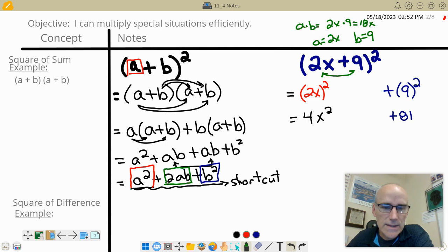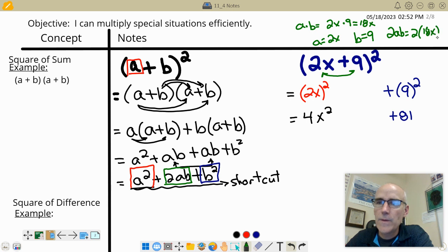But it says I got to double that. That 2 right there means I've got to take 2 times that 18x. So now I'm going to do 2ab, and that would look like this: 2 times 18x, and that gives me 36x. So I'm going to take that and put it right here, 36x.